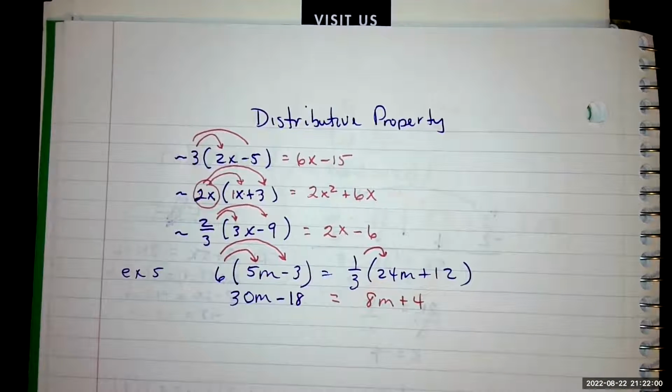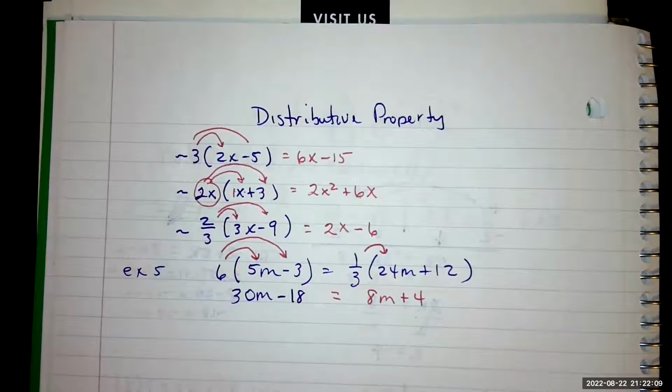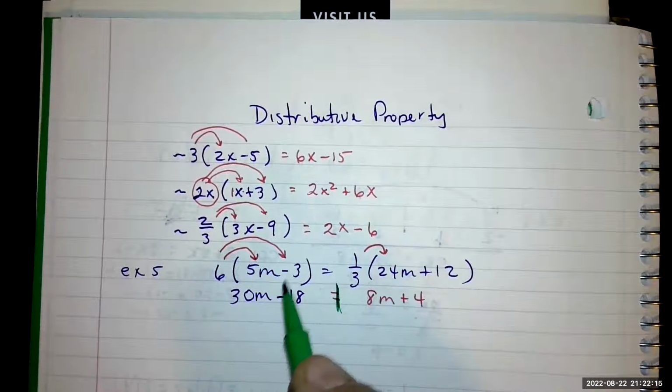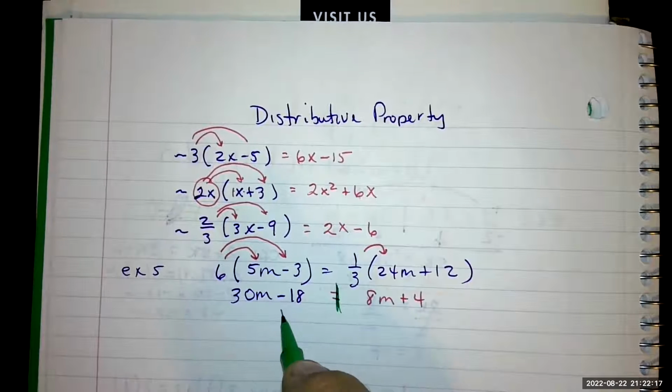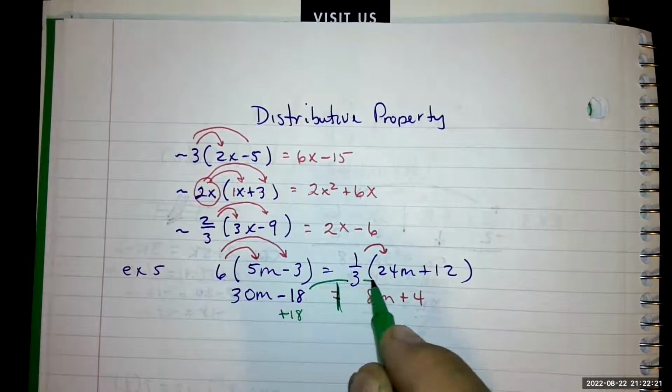Now we have our variables on both sides. We can play our little tennis match now. And so remember, and I'll try to do a different color. Here, let's do green. Green is our tennis court net. And so I like moving the numbers over here first. So if this is a -18, I'm going to add 18 because I'm hitting the ball to the opposite side.